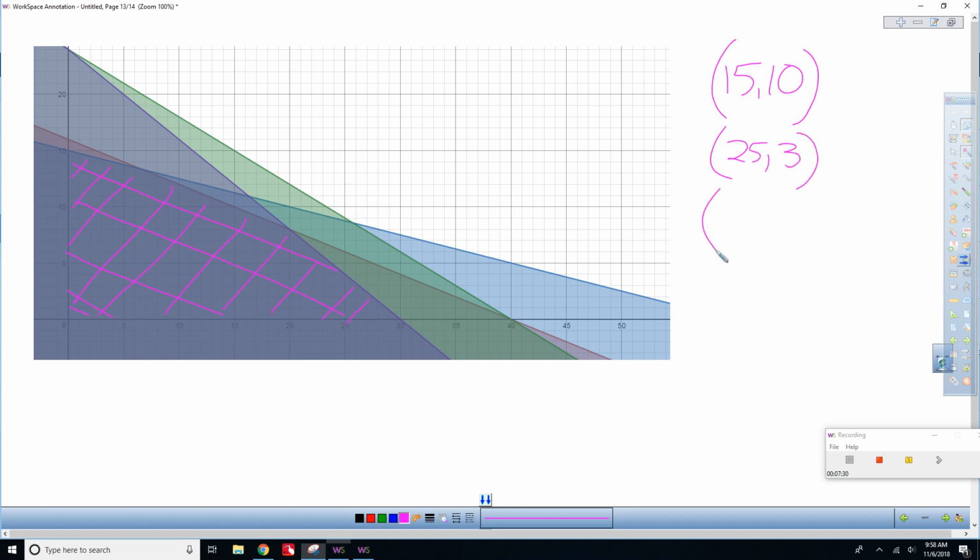I don't like that, but it might make some money for us. How about 1 cat and 14 dogs? That's what I'm talking about. How about 5 cats and 12 dogs? And finally, how about 0 cats and 15 dogs? All of those would work because they are in all of the constraints.